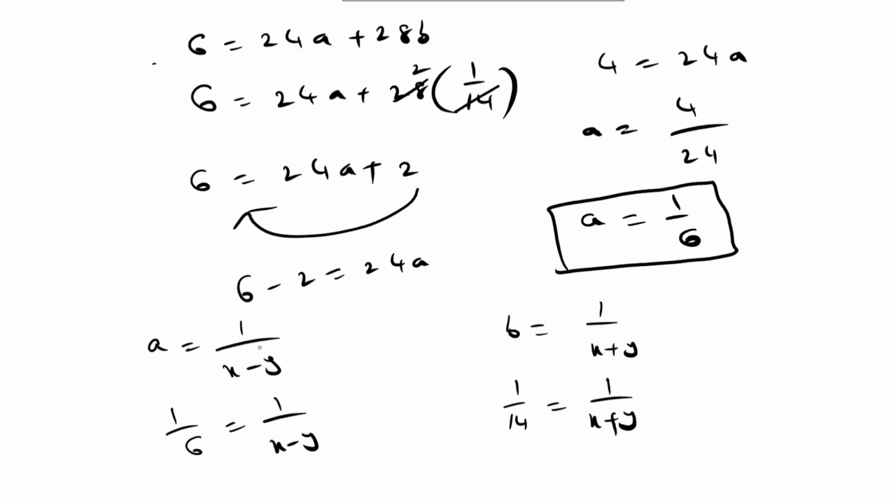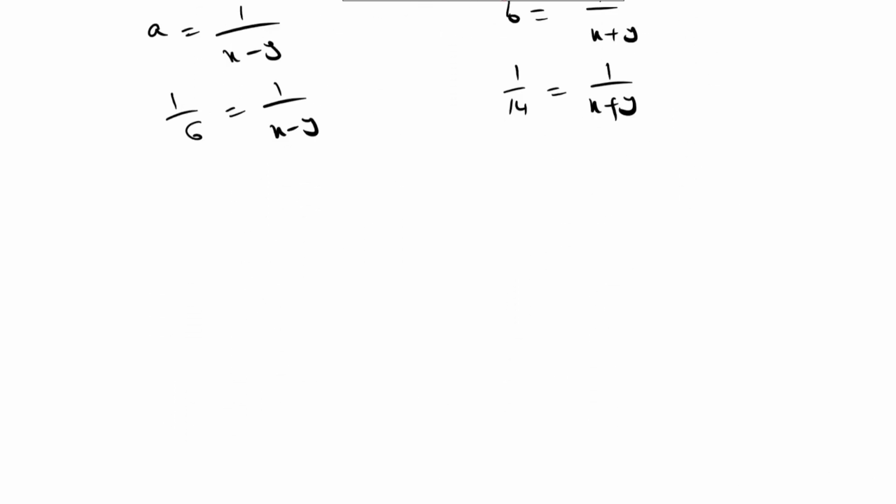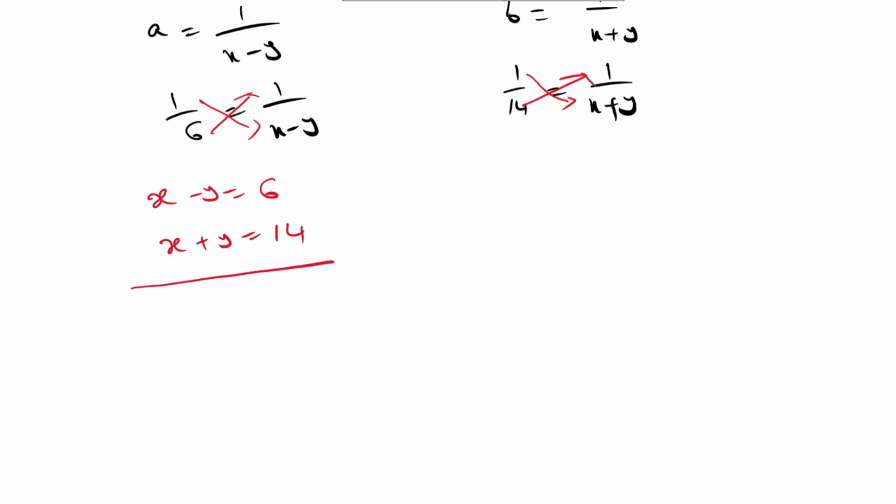Here in both the equations, doing cross multiplication: 1 into x minus y is x minus y equals 6 ones are 6. This is equation number 1. 1 into x plus y is x plus y equals 14 times 1 is 14. Adding both the equations, x plus x is 2x, minus y plus y cancel, equals 6 plus 14 is 20.